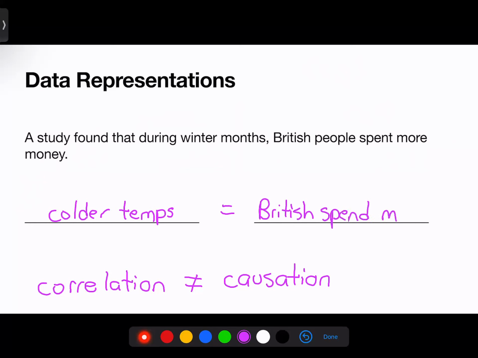But that's not the case. Being in a cold environment does not influence someone to spend more money. There are outlying factors such as Christmas time or Black Friday. So that correlation of colder temperatures and more money spent does not equal causation.